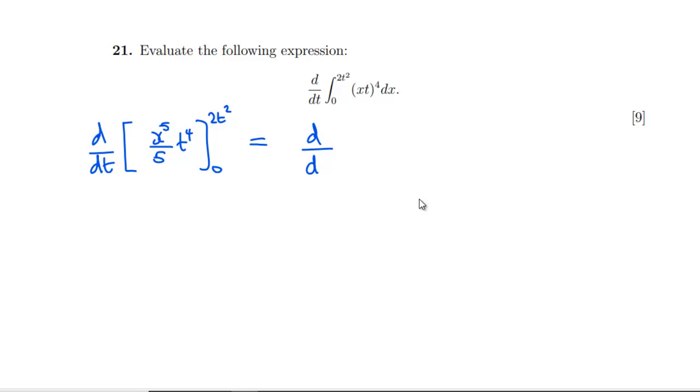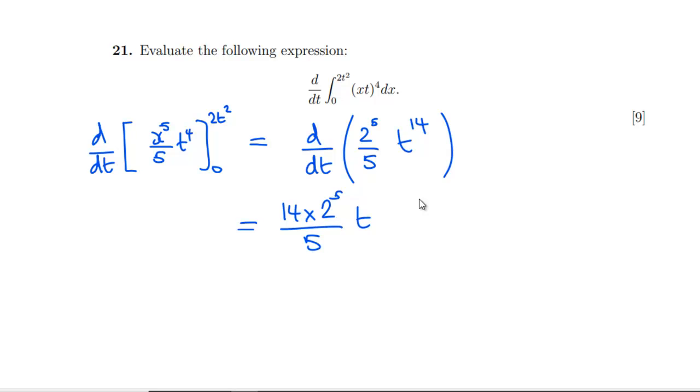So we need to do d/dt of all of this. So we're going to have 2 to the 5 over 5, and then what we've got, t to the 14. Okay, so that is going to be equal to 14 times 2 to the 5 over 5 times t to the 13.